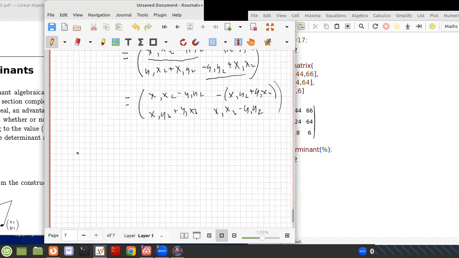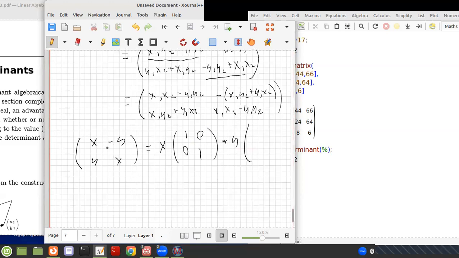So this suggests that the matrix with x, minus y, y, x, if I decompose that into a basis, right? What do we usually do with a basis? In fact, I pretend y is 0 and say x times (1, 0, 0, 1) plus y times (0, 1, minus 1, 0).